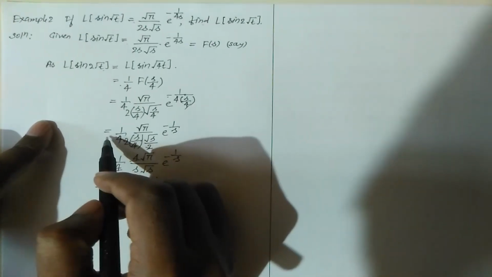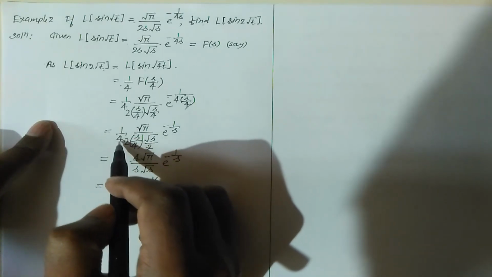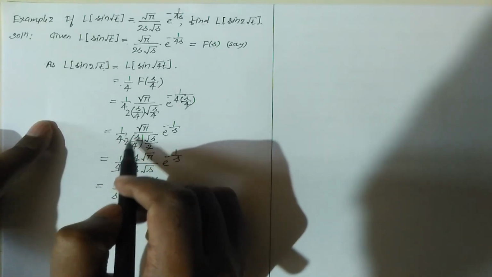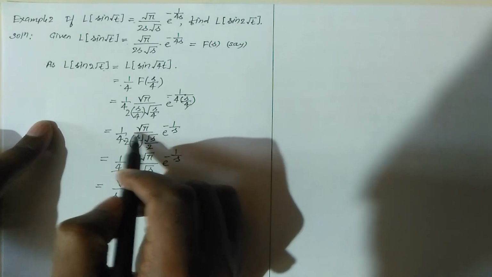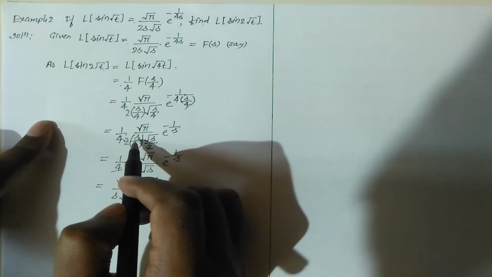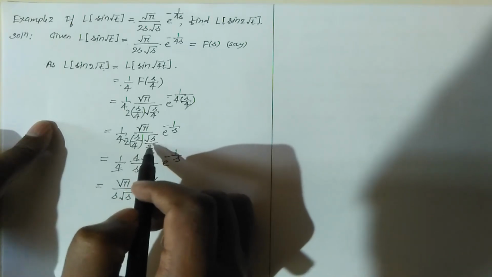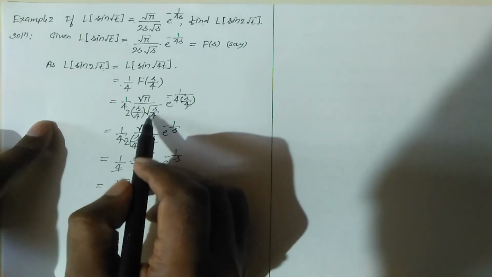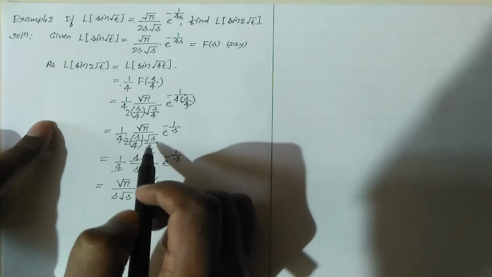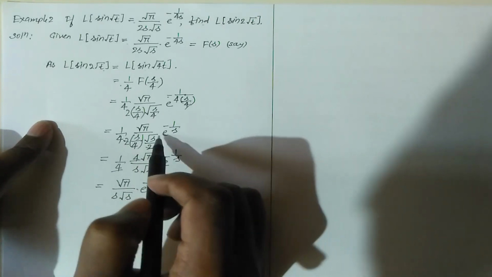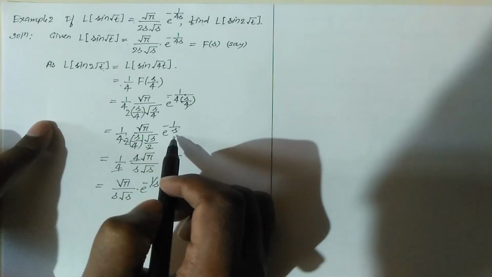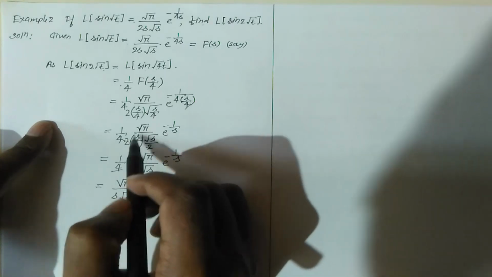So this equals 1 upon 4 into square root of pi by 2 into s by 4 into square root of s by 2, and this 4 comes outside, so this becomes 2 into e raised to minus 1 upon s. Now simplify this again.